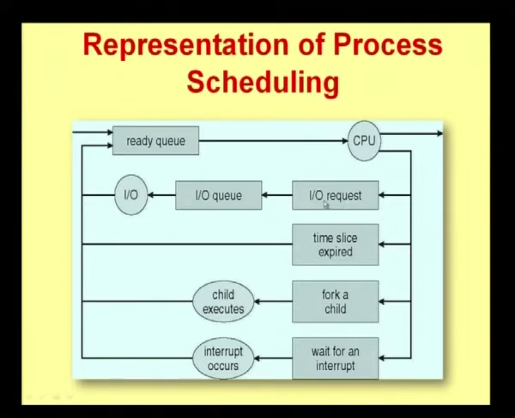If there is an IO request, then it goes to an IO queue, which is nothing but the device queue we have seen earlier. After being in the queue, when it is time for the process to get executed, it goes to the IO. After execution, it again goes to the ready queue. Then from the ready queue, it goes to the next time slice.